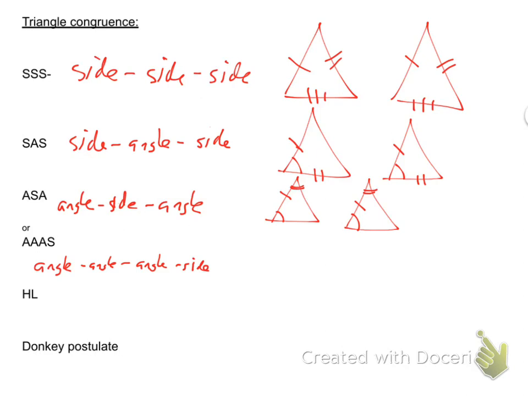Now there is a small technicality that the only way I would use the AAS, okay, which would be this picture, right, is because I actually physically can look right there and see all of the angles are there.